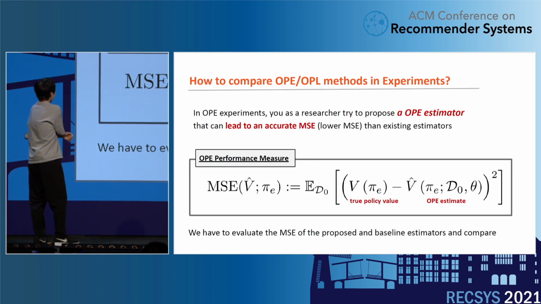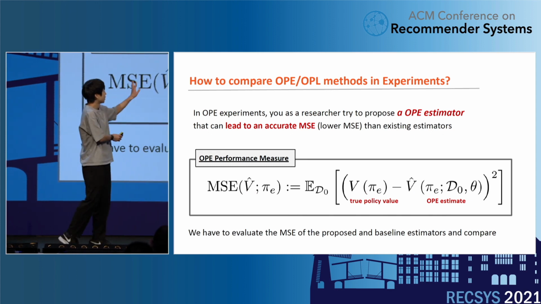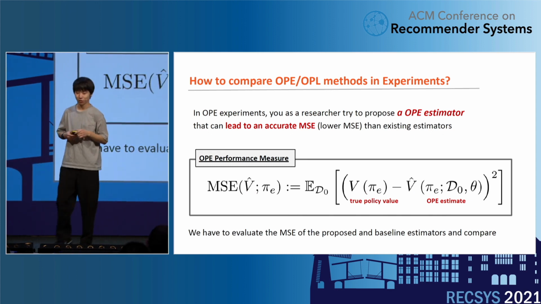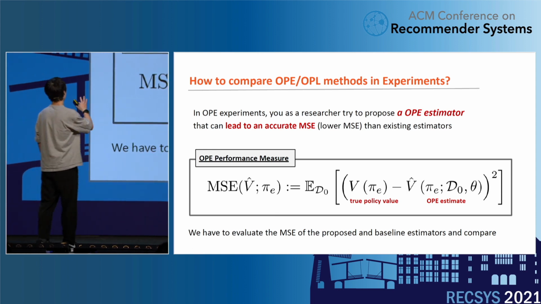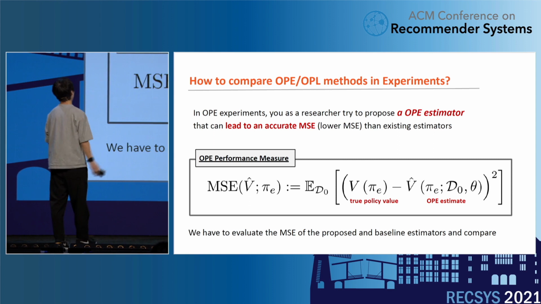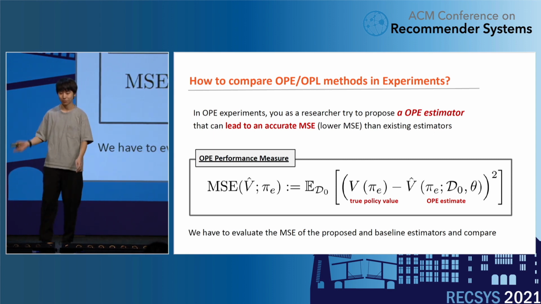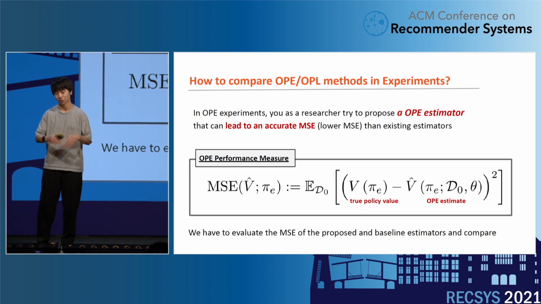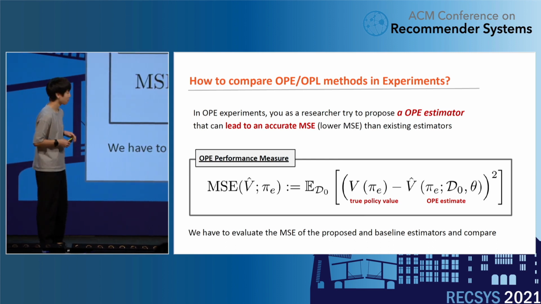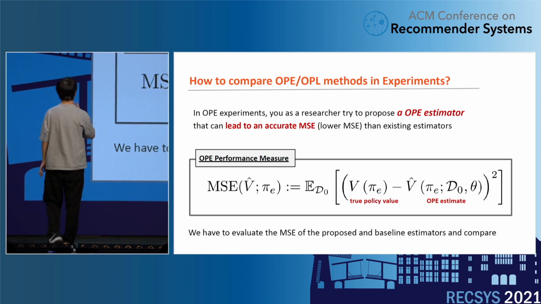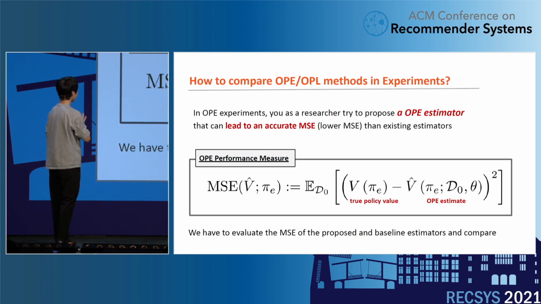So how about the policy evaluation experiment? Then you want to propose an off-policy evaluation estimator that possibly leads to a more accurate, lower mean squared error estimator than existing estimators, including direct method, IPS, or doubly robust. We want to improve those existing estimators we learned in the first half of the tutorial. And again, the performance measure of the off-policy estimator is going to be the mean squared error.